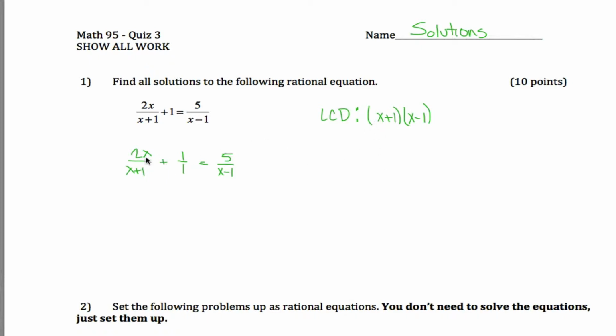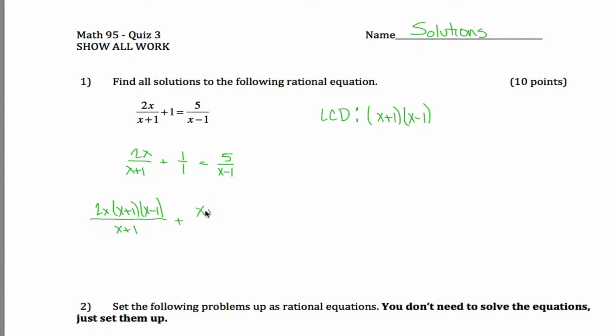That is what I'm going to multiply all three of these terms by. So instead of 2x over x plus 1, I'm going to get 2x times x plus 1 times x minus 1, 2x times my least common denominator over x plus 1.